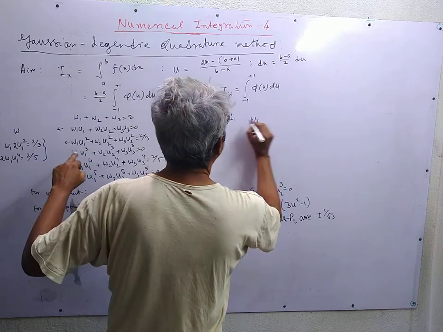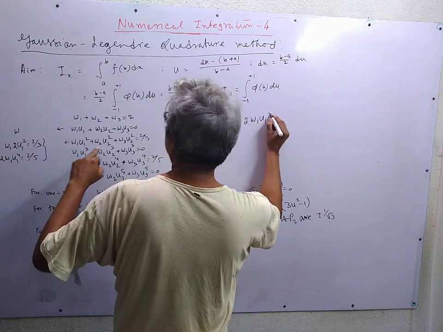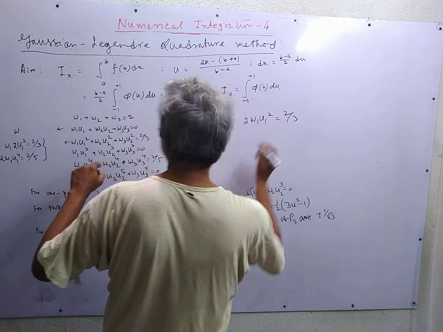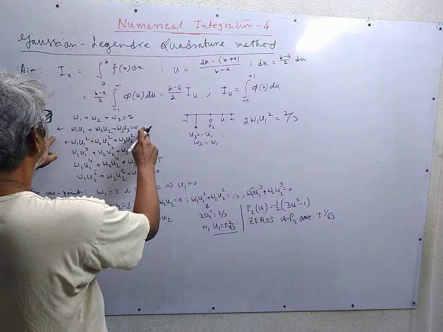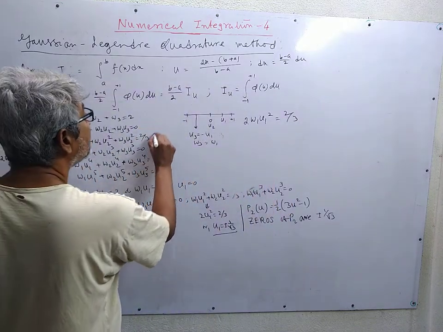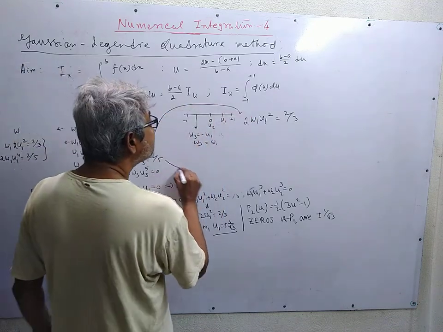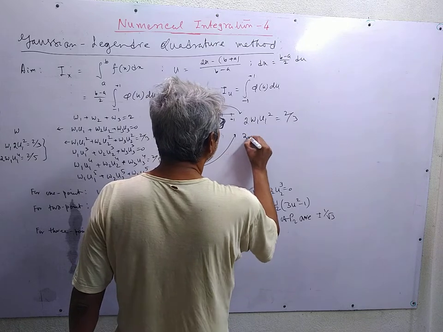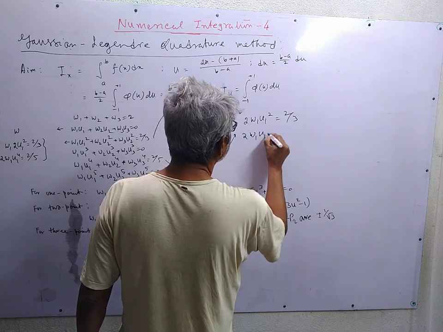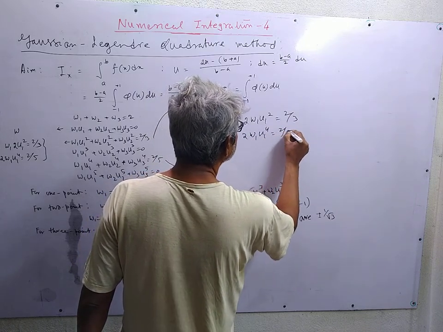2 w1 u1 square is equal to 2 upon 3. This equation gives, and when we use another non-zero equation, we get 2 w1 u1 to the power 4 is 2 by 5.